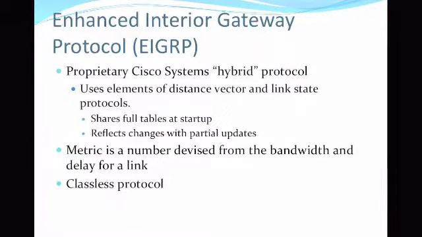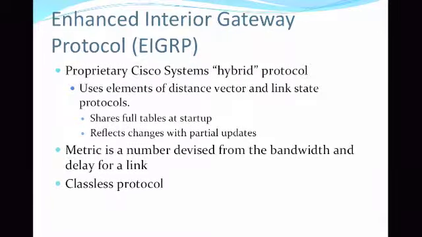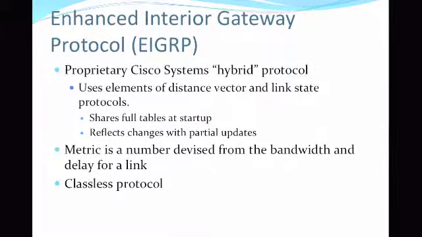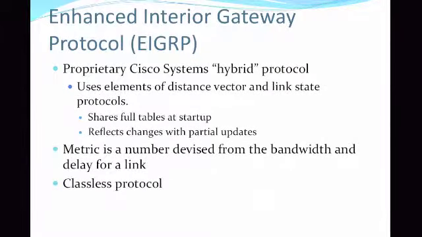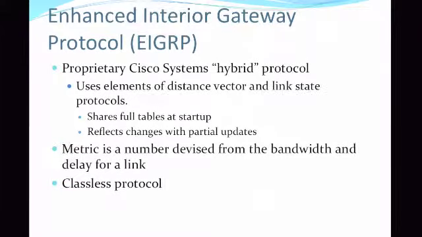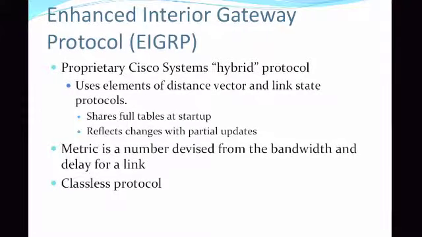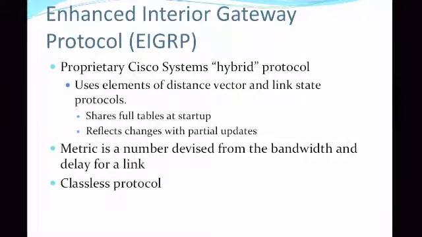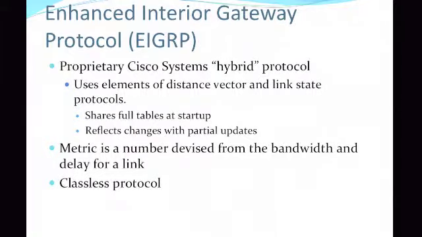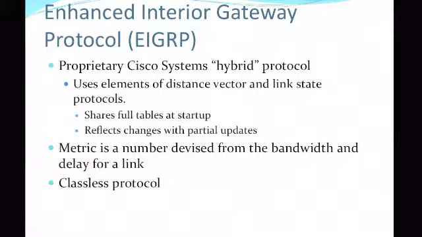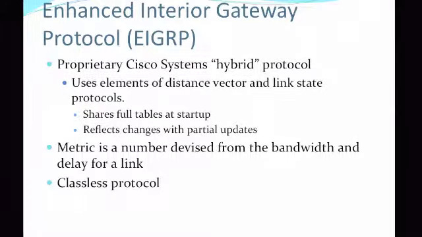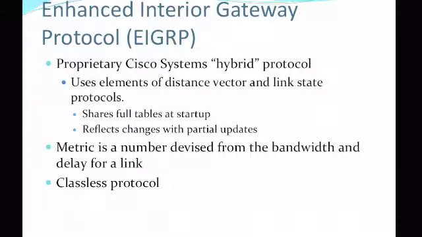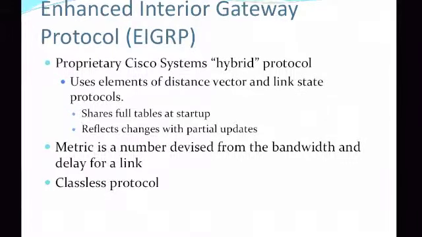The Enhanced Interior Gateway Protocol, or EIGRP, is a proprietary hybrid protocol devised by Cisco Systems that's currently in the process of being made open source. It utilizes elements of both distance vector and link state protocols. At the establishment of an EIGRP network, entire routing tables are shared, but whenever a change occurs after that, these changes are reflected using partial updates.